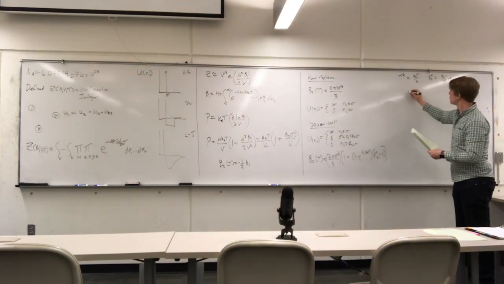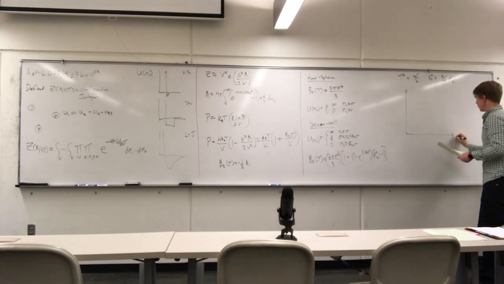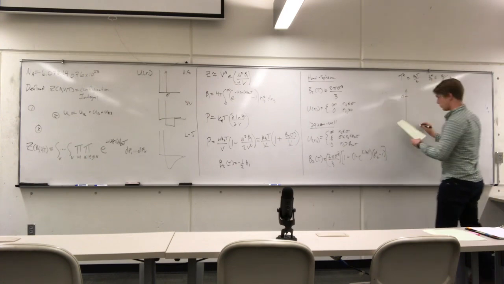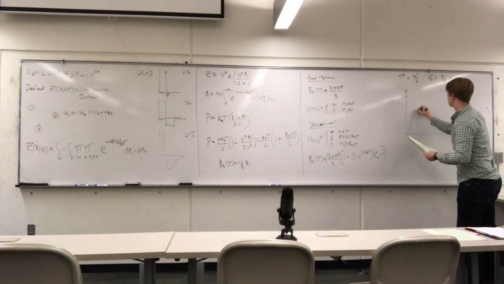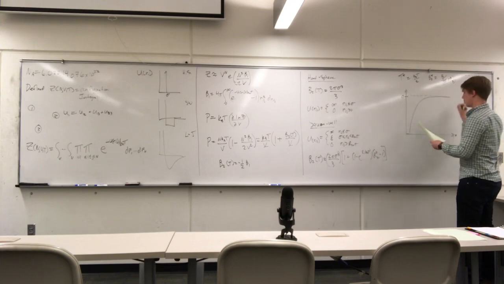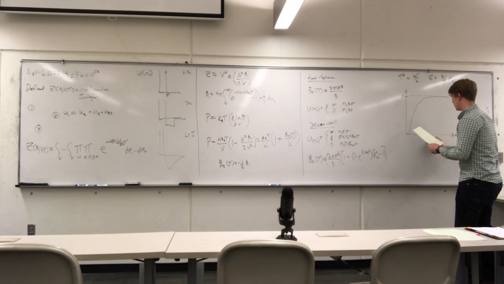So if we look at the function, if we plot out T star, this is 0. It should asymptotically approach 0. And this is 1.